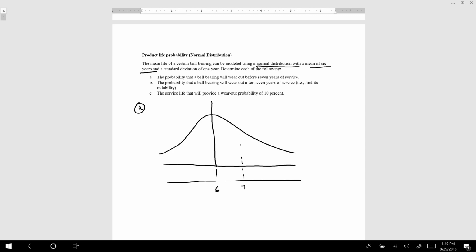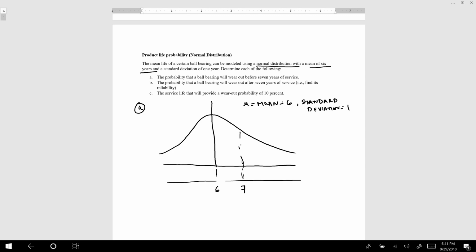So they are asking us the probability that the ball bearing will wear out before 7 years of service. So since our mu mean is 6 and standard deviation is 1, if we increase by 1 standard deviation, this will be 7.